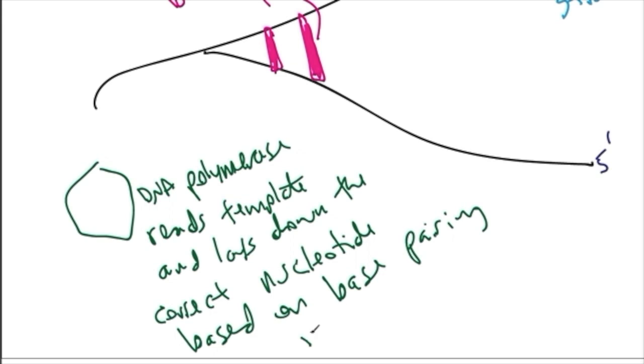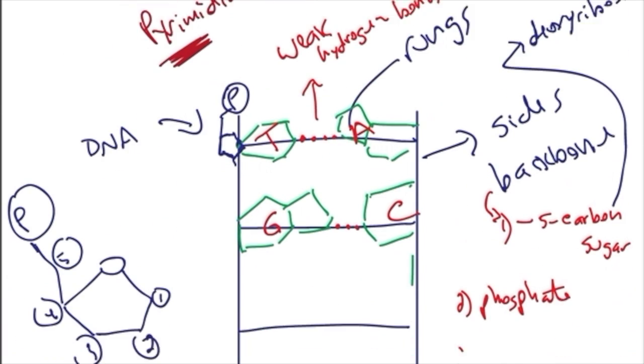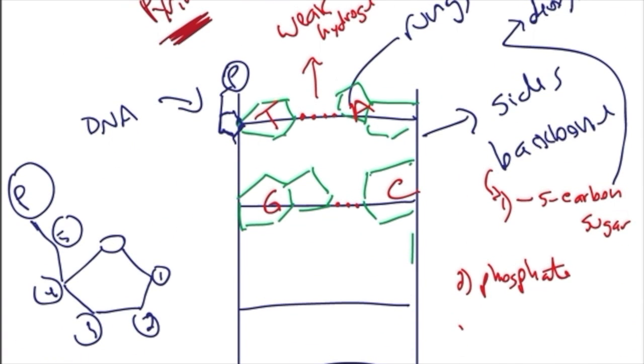Pairing rules. By the way, we didn't talk about something up here. What the heck's a nucleotide? A nucleotide is all of this. It's all of this is a nucleotide. Just this piece right here. So a nucleotide consists of what? A backbone and a nitrogenous base.